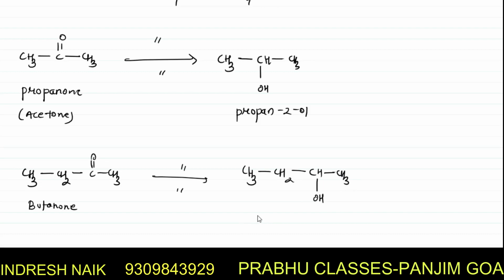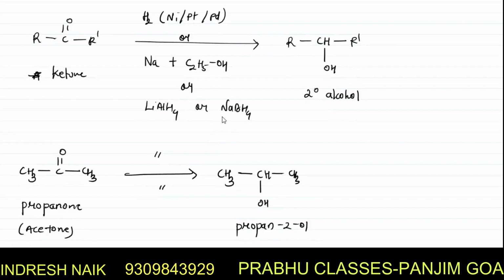This is giving you a secondary alcohol. The name will be butan-2-ol. So this is the thing about the reduction of aldehydes and ketones.